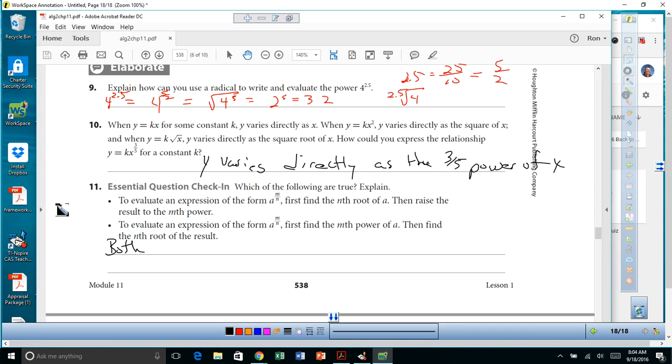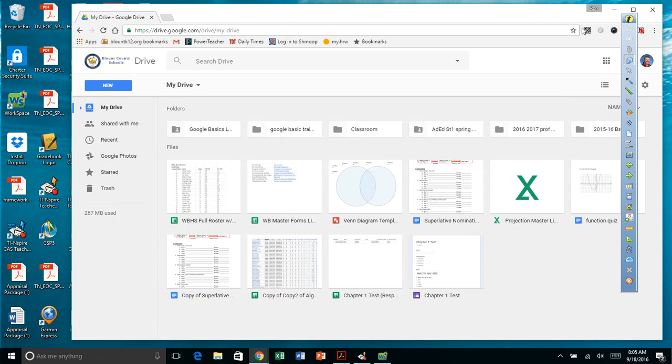Sometimes it's more convenient to do it the first way, and sometimes it's more convenient to do it the second way. It does not matter. Both will give you the same answer if you follow the pattern. And this concludes the lesson.